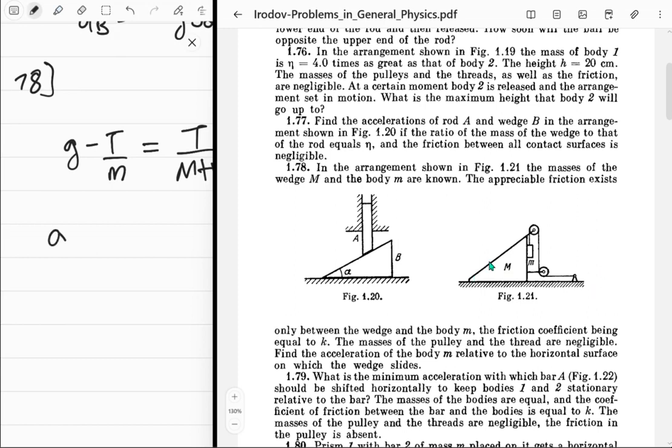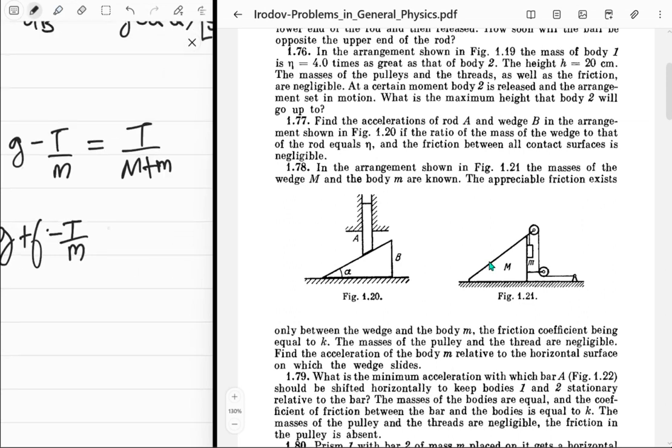So frictional acceleration, that's small f minus T upon this is equal to, like this frictional acceleration is dependent on the normal force. Oh no. Which will be this acceleration times small m. So this is dependent on this acceleration itself, right?